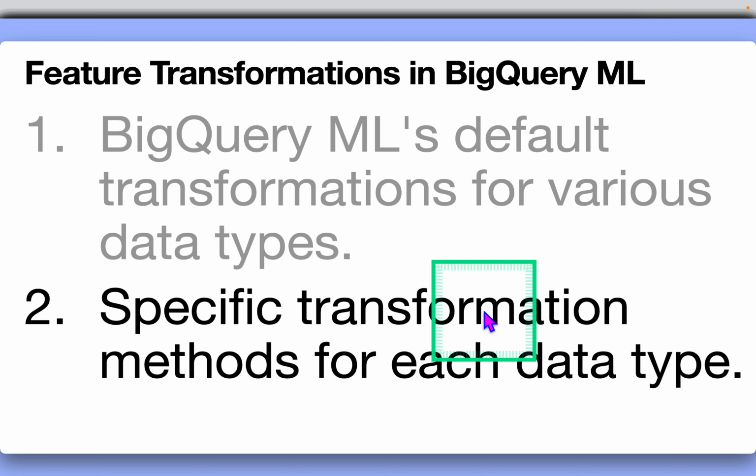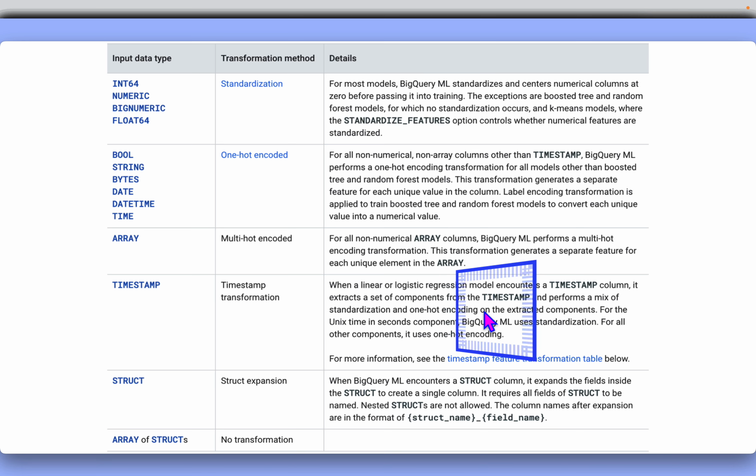For non-numerical non-array columns, except timestamp, one-hot encoding is employed, and arrays undergo multi-hot encoding. Timestamp columns have a specific timestamp transformation, and struct columns are expanded into separate columns. So these are the transformations.